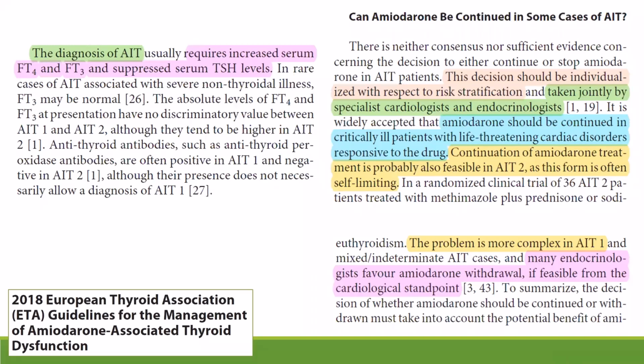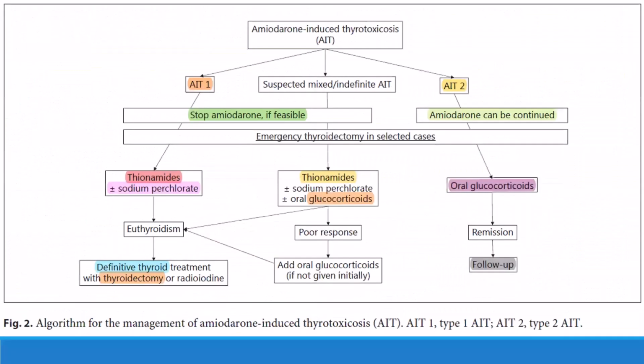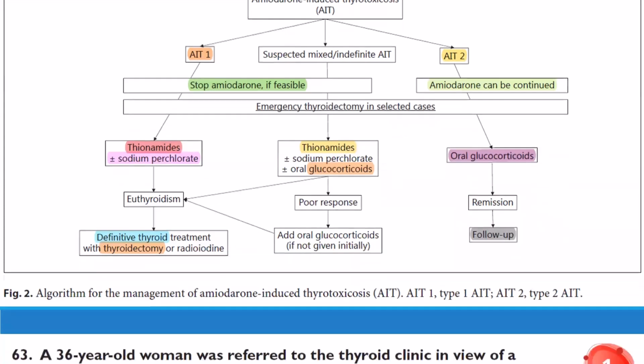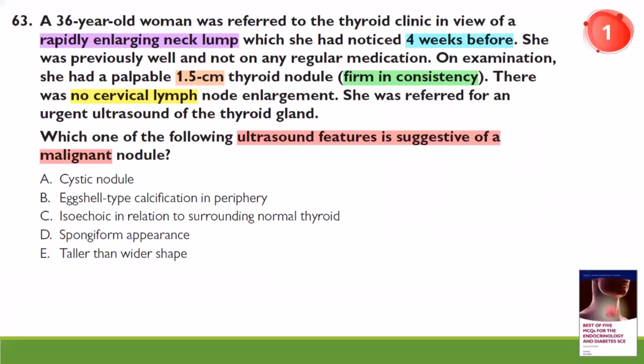I noticed that if both free T3 and free T4 are elevated, I cannot stop amiodarone except in minimal cases. This is a very important algorithm, and I discussed it a few minutes ago. So I will go to some important questions.